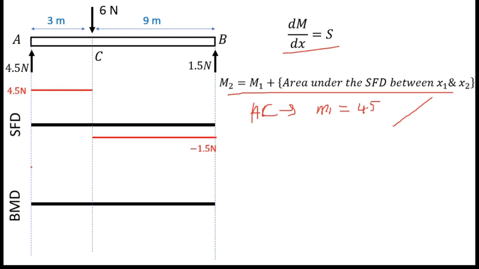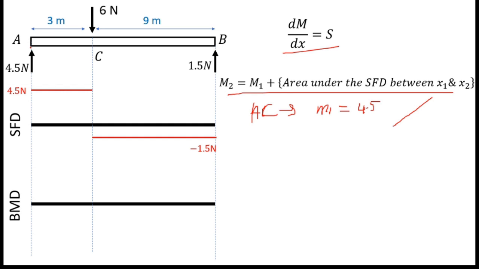But I don't know the values, but I know a starting point, because at A there is a pin support. Pin support means there is no resistance for moment.